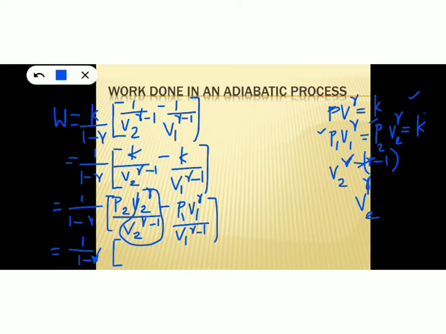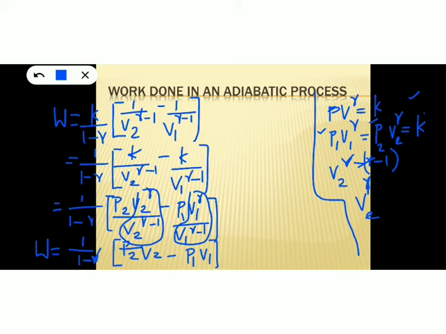So we get V2 there. So P2 into V2. When you simplify this term, you will get V2. Similarly, when you simplify this term, you will get V1. So here it will be P1 V1. So this is our expression. Work done W is equal to 1 by 1 minus gamma into P2 V2 minus P1 V1.